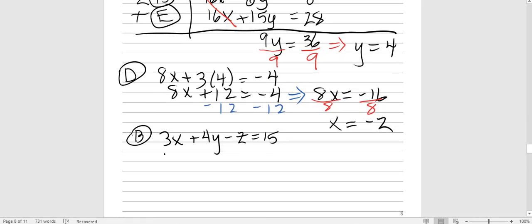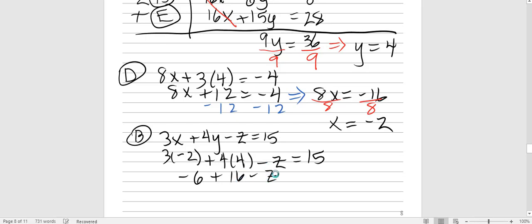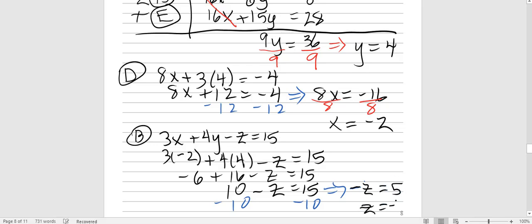And I'm going to replace x with negative 2, y with 4, and this will allow me to find my z. So negative 6 plus 16 minus z equal 15. 10 minus z equal 15. Subtract 10 from both sides. Negative z is equal to 5. Multiply both sides by negative 1, and z is negative 5.